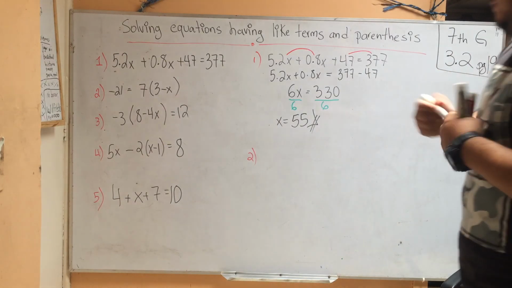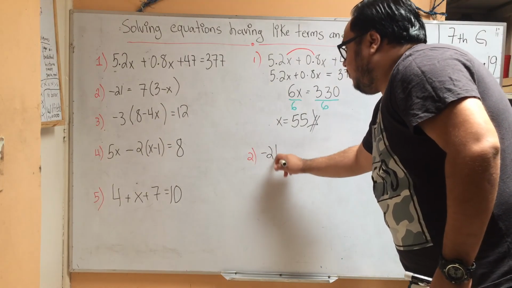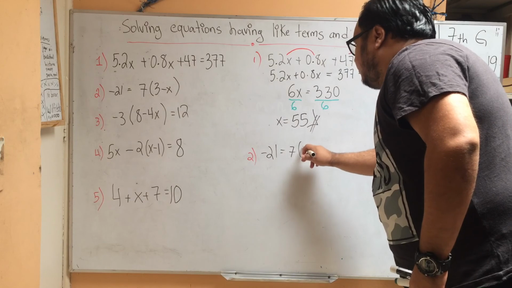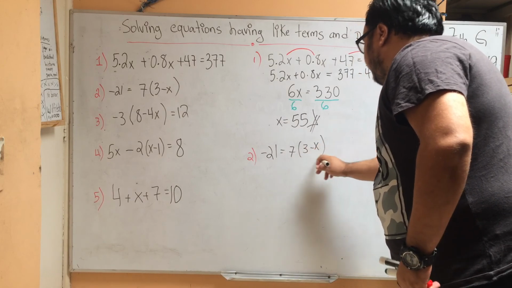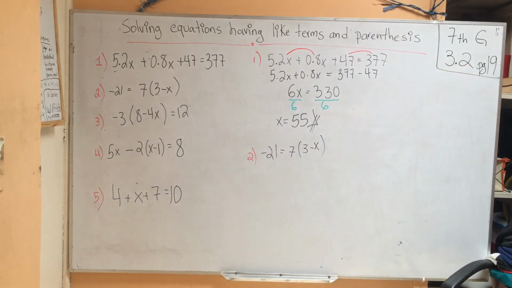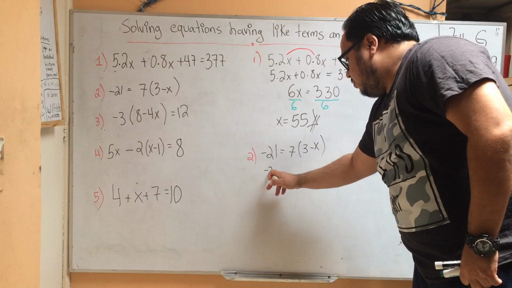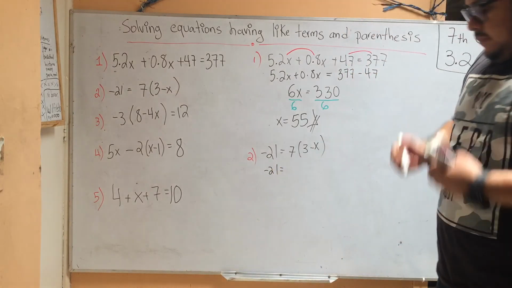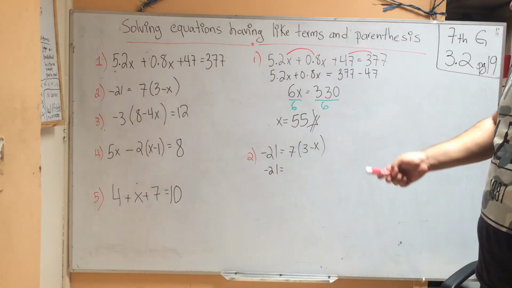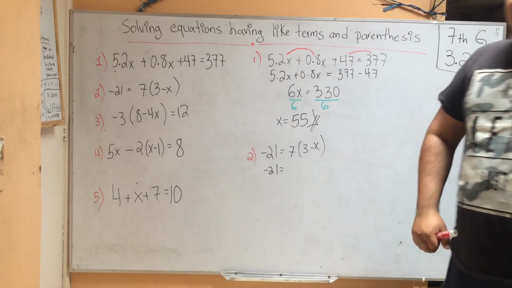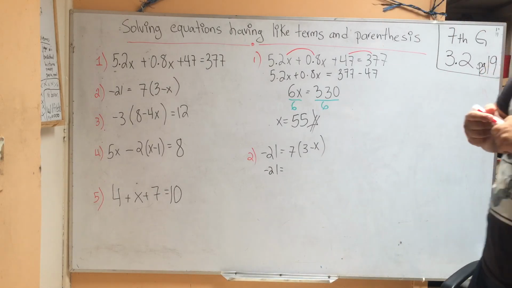Number 2 says minus 21 equals 7 times (3 minus x). This one is a little different because we have a parenthesis. Remember, whenever we have a parenthesis, that's what we do first. We need to solve the parentheses so that we can group, so we apply the distributive property.